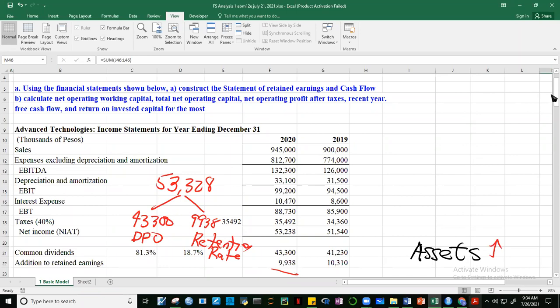Anything there in the income statement? Few more seconds for you to suggest an answer.